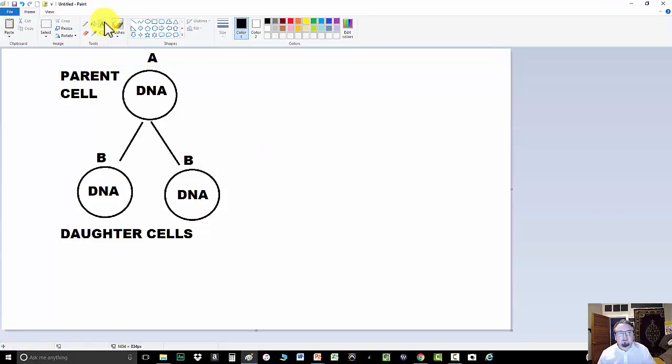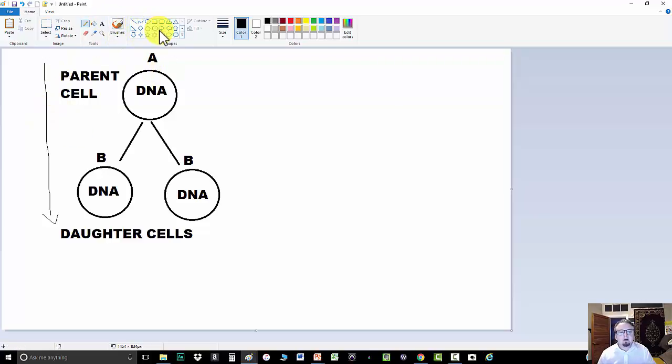And this process here is vertical transmission. I'll let you write in the word vertical here. So when DNA information is passed on from a parent cell to a daughter cell through cell division and making a copy of the cell, that is referred to as vertical transmission.